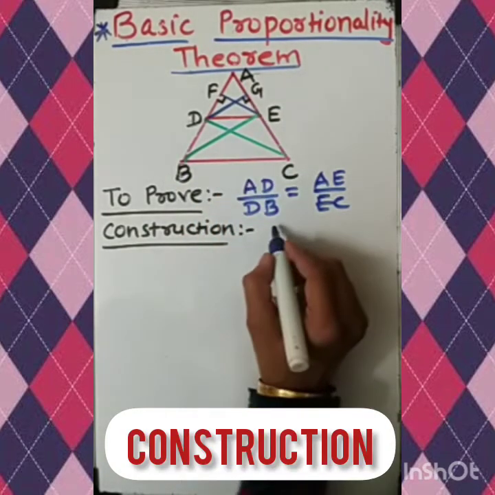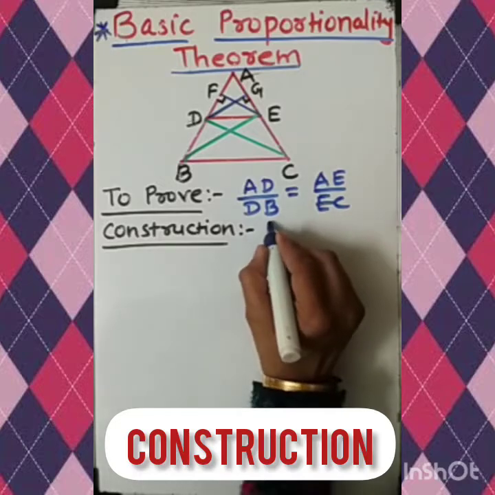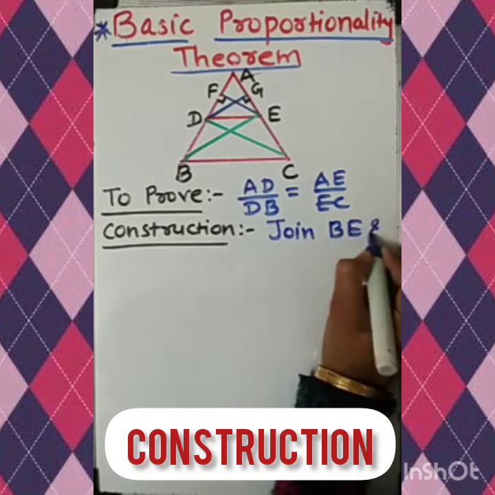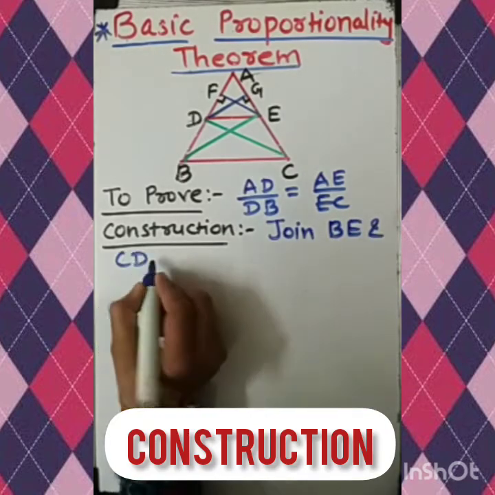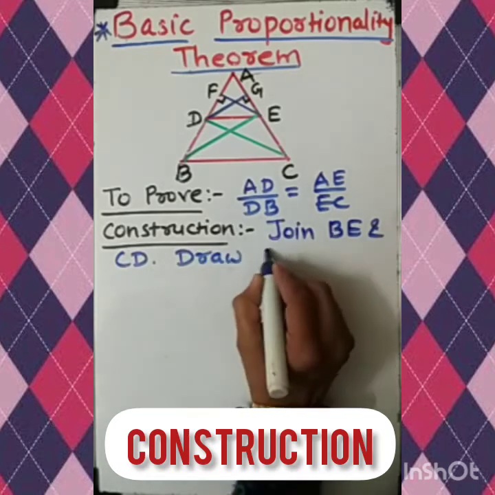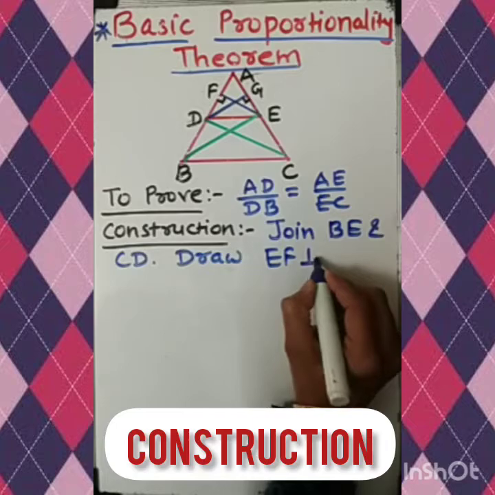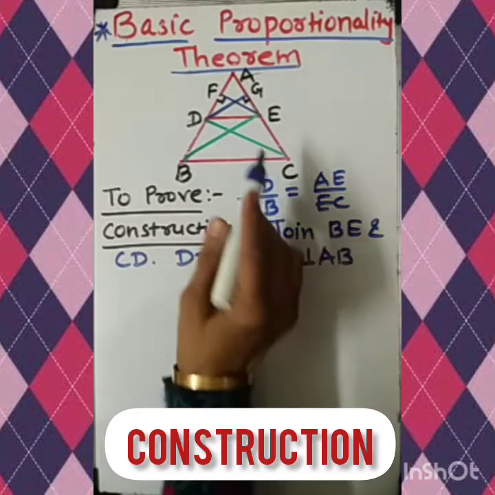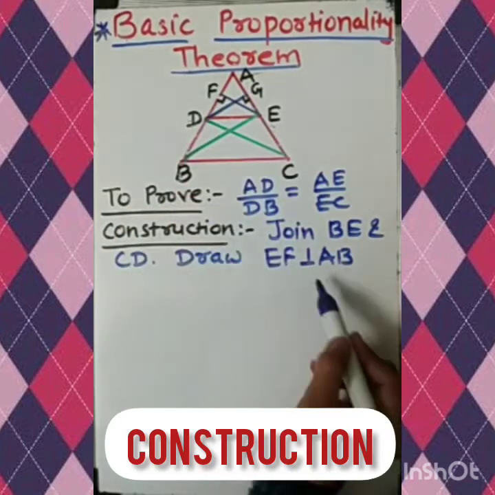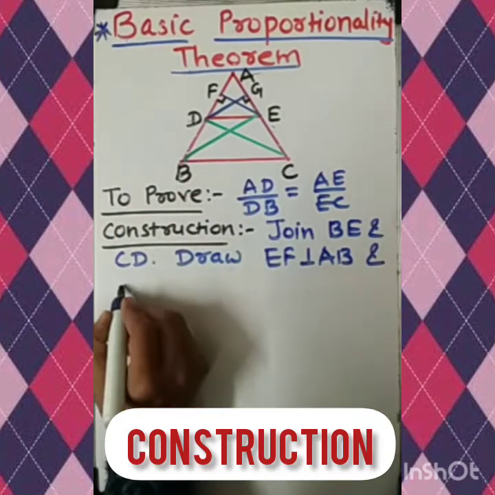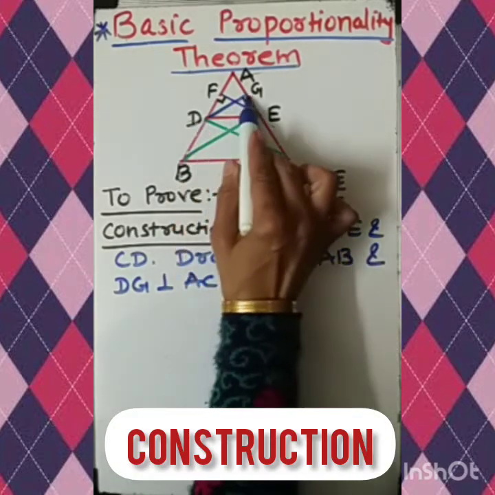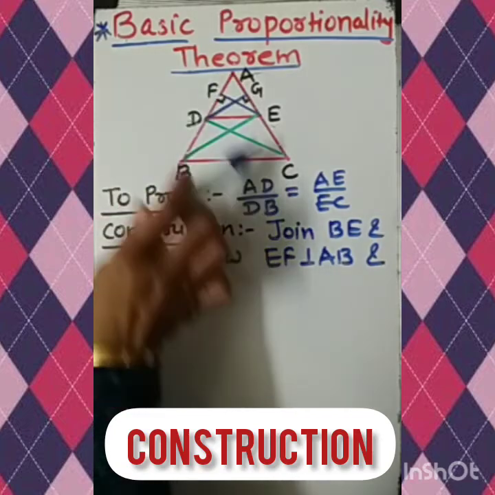Now, in construction, what we are constructing extra, you can see in the figure: join BE and CD. Then we draw EF, which is perpendicular to side AB, and DG, which is perpendicular to side AC.